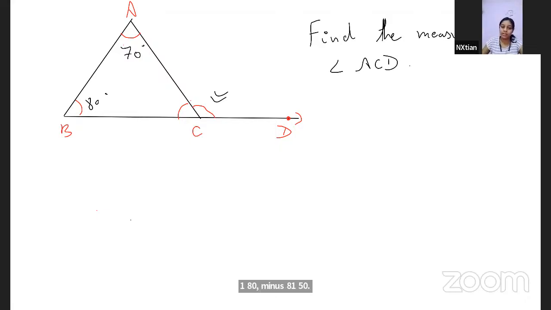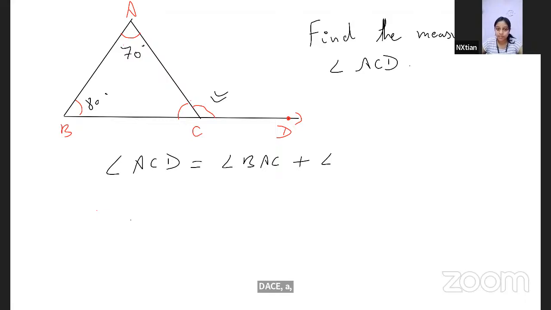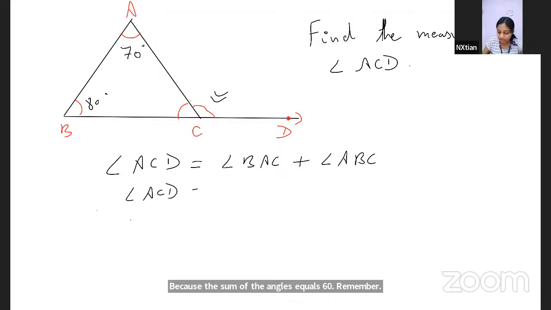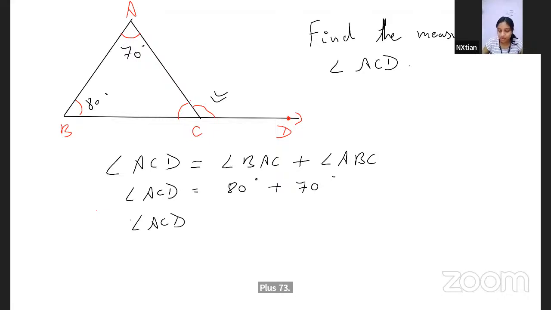And there is one more method: angle ACD that you have to find is equal to angle BAC plus angle ABC, that is angle A plus angle B, because the sum of interior opposite angles equals the exterior angle. So angle ACD equals 80 degrees plus 70 degrees, which is 150.